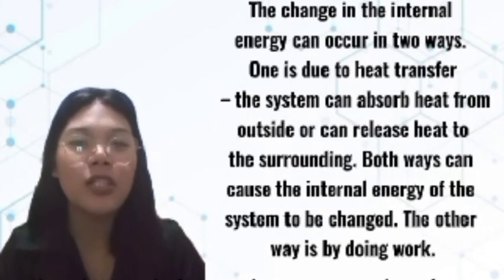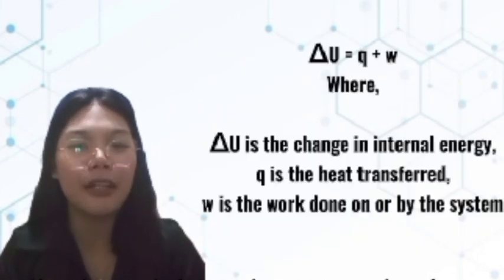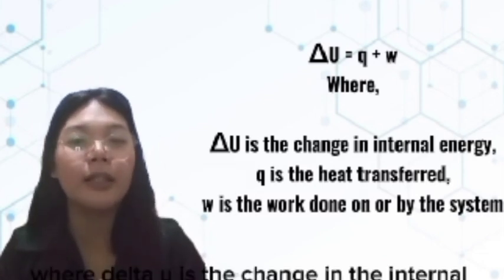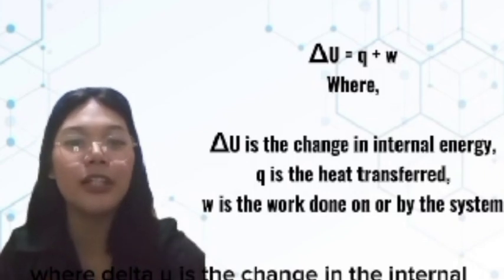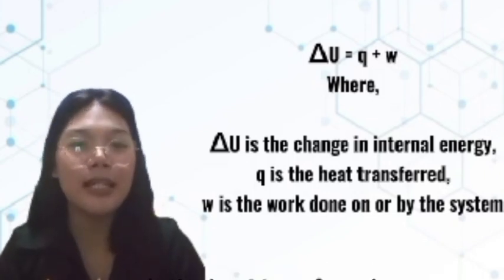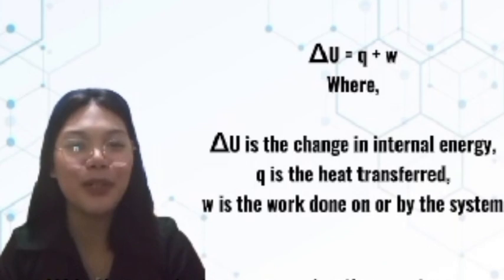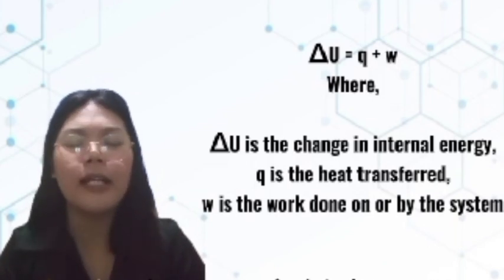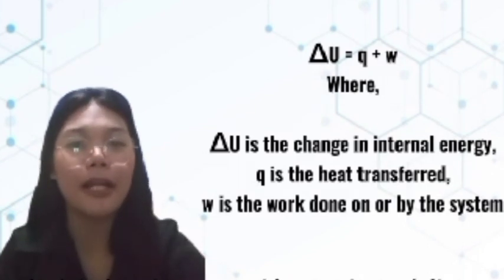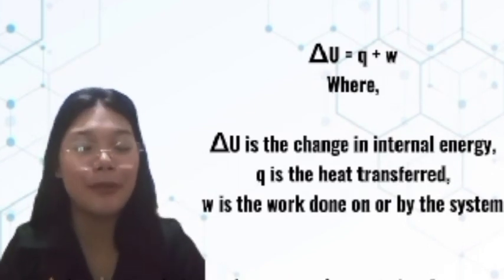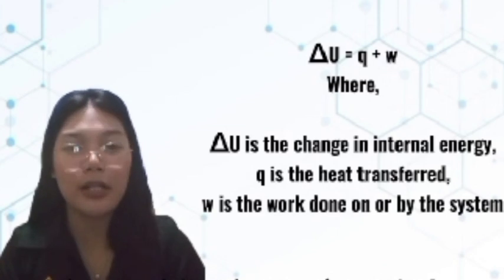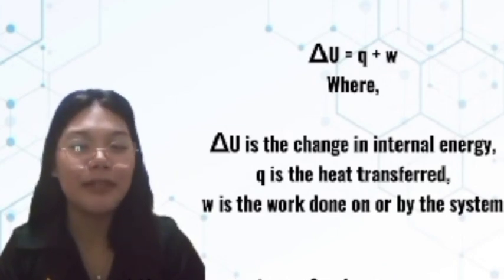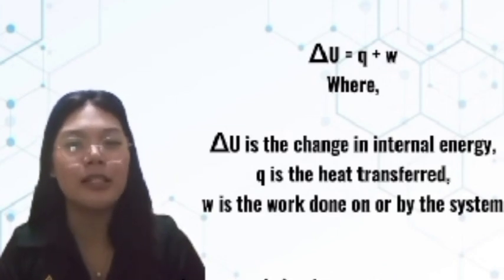Therefore, the change in internal energy can be given as delta U equals Q plus W, where delta U is the change in the internal energy, Q is the heat transferred, and W is the work done on or by the system. However, an isolated system cannot have a delta U because internal energy is constant, the energy transfer is zero, and no work is done.